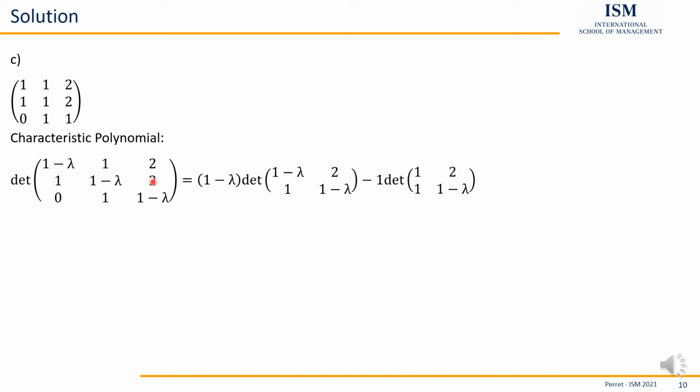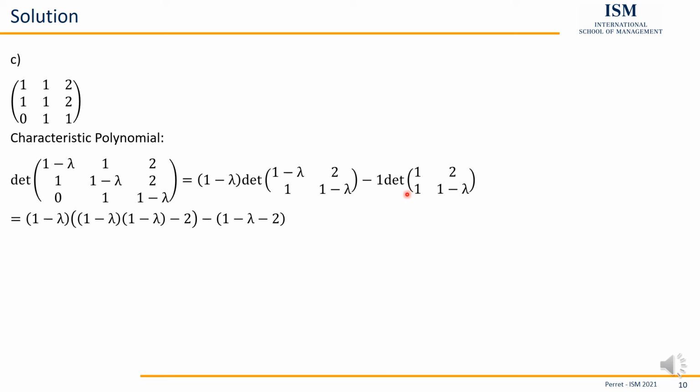I delete second row, first column, leaving me with 1, 2, 1, 1 minus lambda, which is this part here. For those two determinants, I simply used the determinant function for 2 times 2 matrices. So this times this minus this times this. And here, this times this minus this times this. Which in the end looks like this.